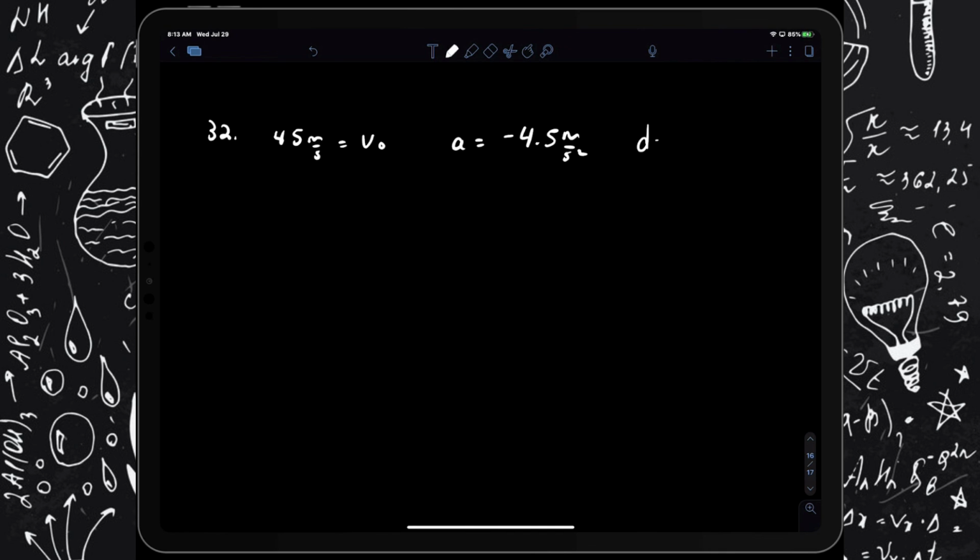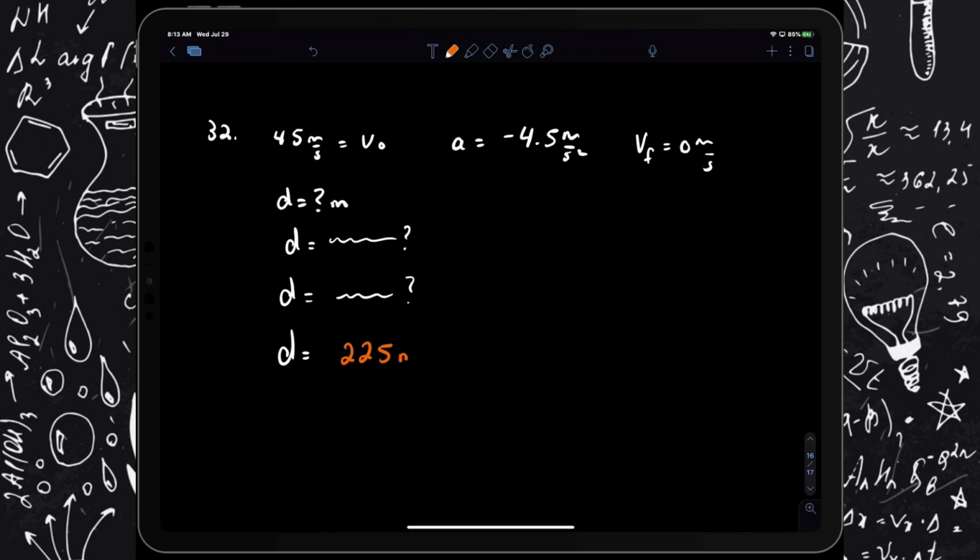What's the minimum distance that you need in order for this car to come to a final velocity of 0? So look through those equations, see which one matches up, and substitute in your variables. If you did everything correctly, for number 32, you should end up with a distance of 225 meters.